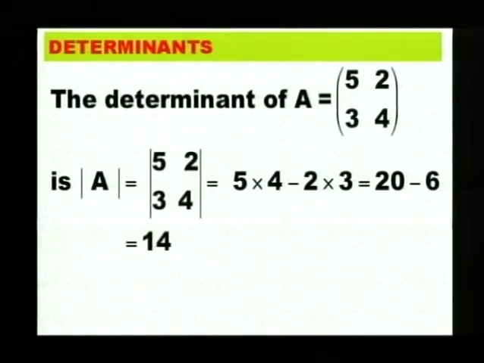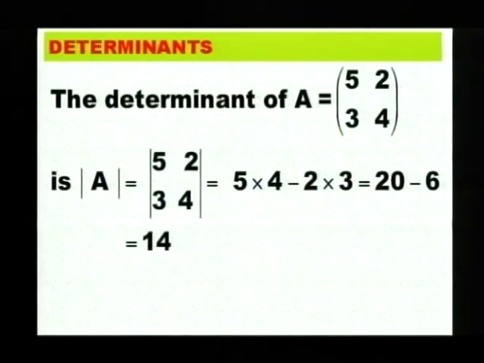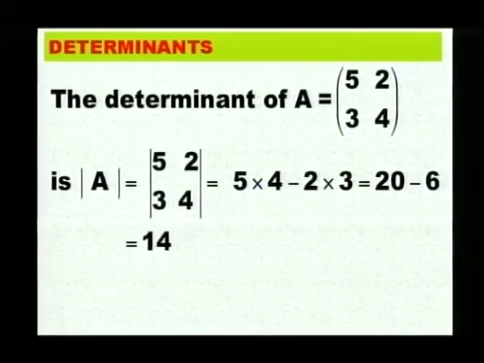Take note, you multiply diagonally. 5 times 4 is 20, and 2 times 3 is 6. So the answer is 14. If you had a negative number somewhere, it will automatically change to a positive number because you only have to accept positive values.